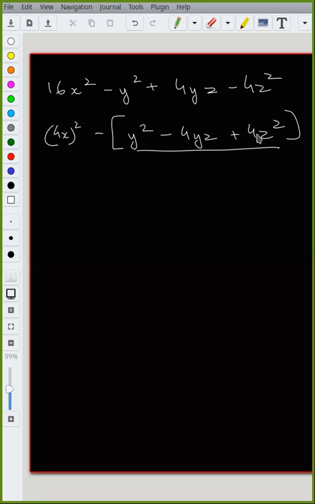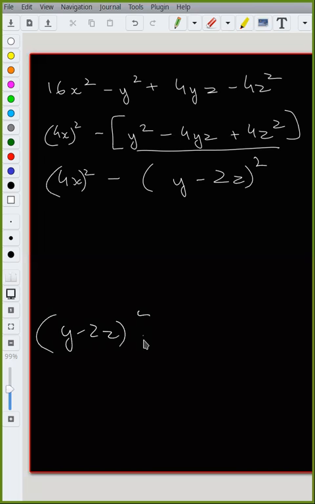This is a minus b the whole thing squared basically. So I can write this as 4x squared minus y minus 2z the whole thing squared. Because when I expand y minus 2z the whole thing squared, what do I get? Y squared minus 4yz plus 4z squared.